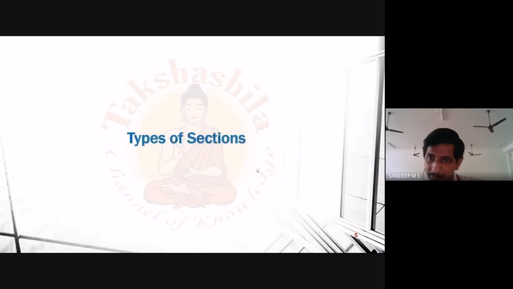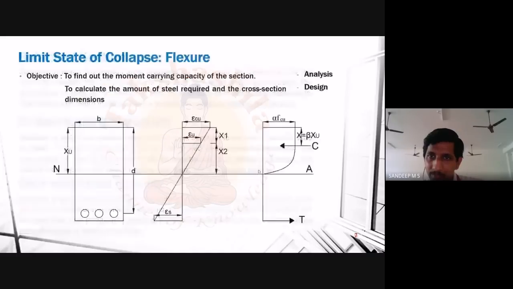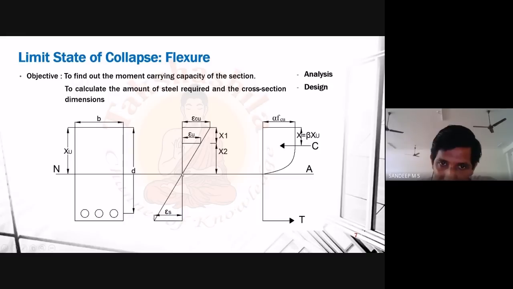Let's see that one more time. If you see this, it is just rotated. Here we will have the stress value, and here we will have the strain value. The axes are just swapped. If you look at this variation of strain, this is the point where we have zero strain, and corresponding to that we have zero stress here.